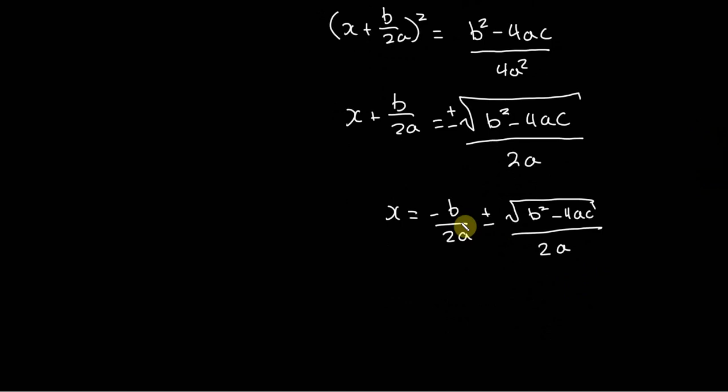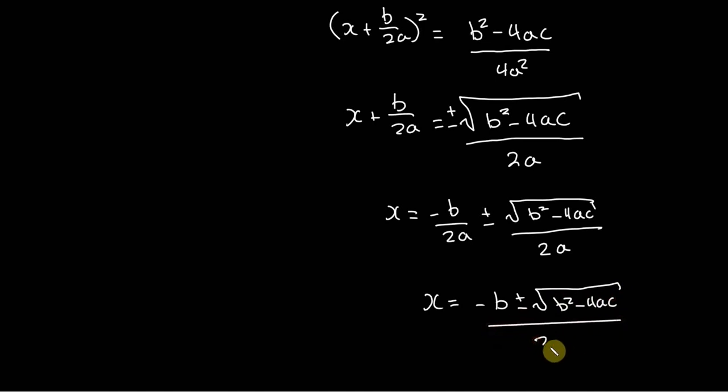And now we can of course just simplify this. The denominators are the same, and so what we have is minus b plus or minus the root of b squared minus 4ac, all of that over 2a, and we have the quadratic formula.